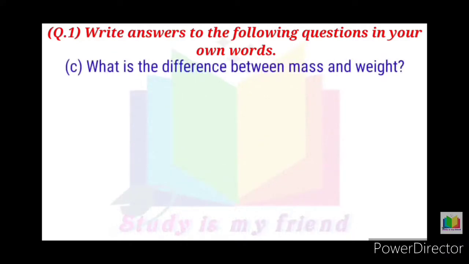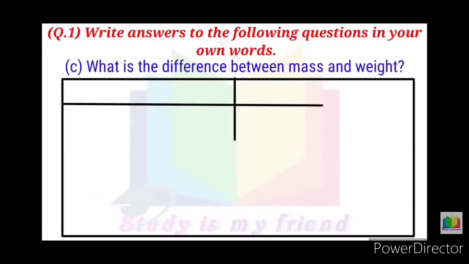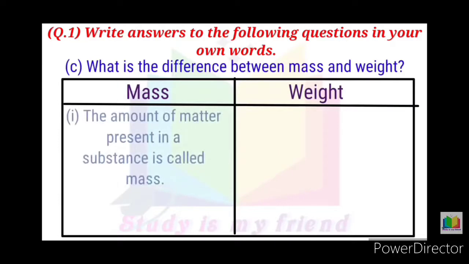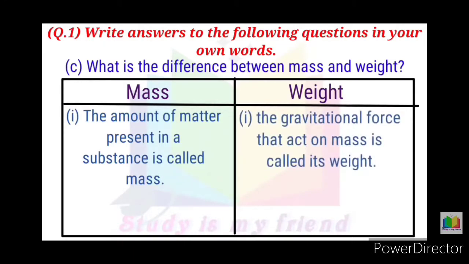Next, question 1c. What is the difference between mass and weight? Mass is the amount of matter present in a substance. The gravitational force that acts on a mass is called the weight.